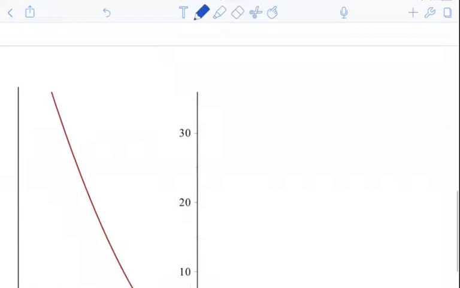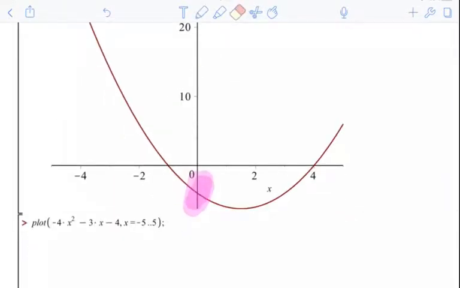This one here has two x-intercepts. Because it's shaped like a U, sometimes if the U is facing upwards and the bottom is low enough, it will have two x-intercepts. So the x-intercepts here on this graph are at x equal to, looks like, -1 and 4.